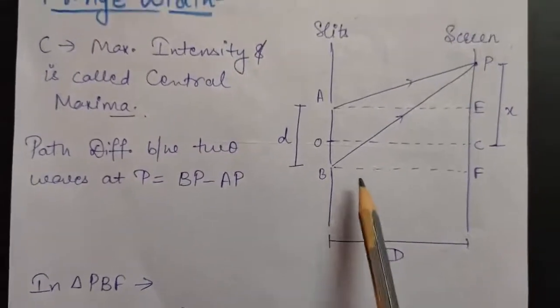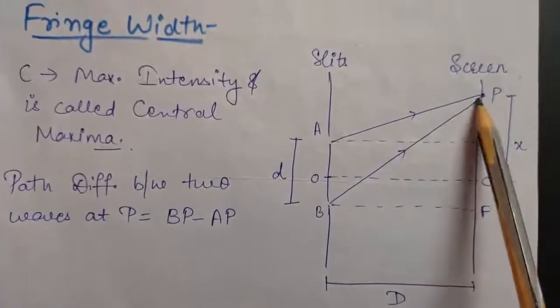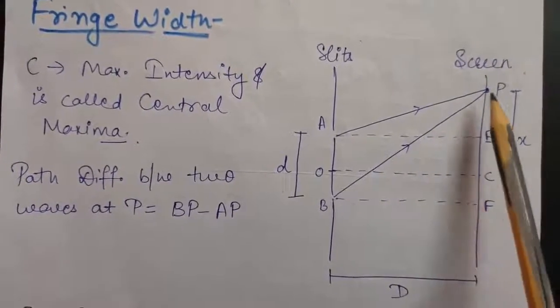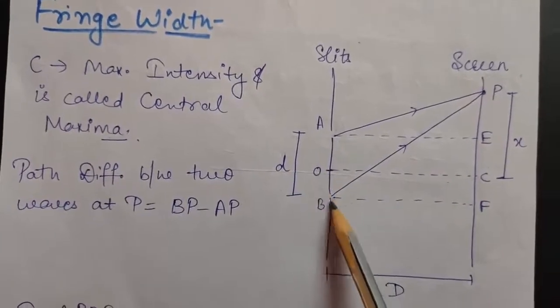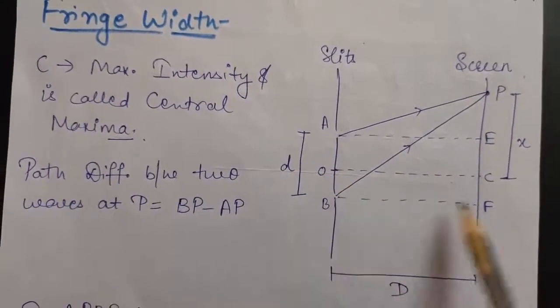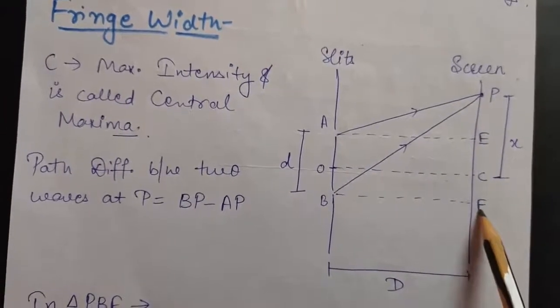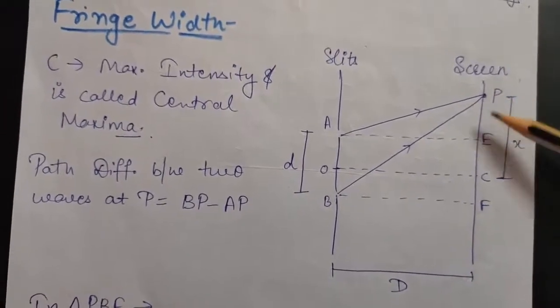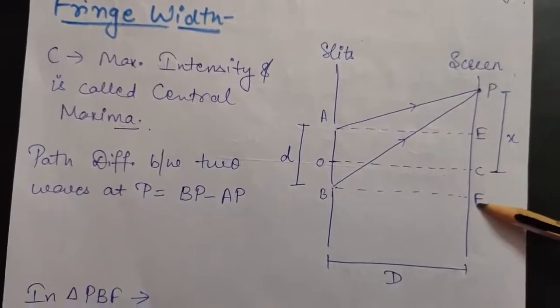Now clearly look in the diagram, BF is nothing but capital D and PF is nothing but x. See, this is x and this is D, this is the midpoint. So this part will be d by 2 and this part is equal to this part. That means CF will also be equal to d by 2. So you can say PF will be equal to x plus d by 2.